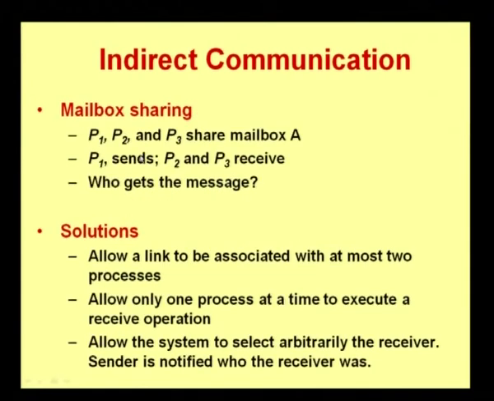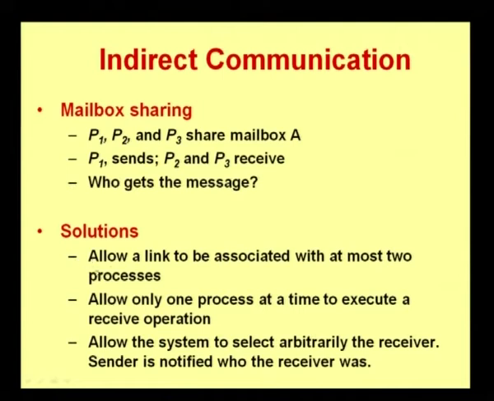This is the example I stated now. P1, P2, P3 share a common mailbox named A. P1 sends a message to both P2 and P3. Which process, P2 or P3, will receive the message sent by P1? That was my question.